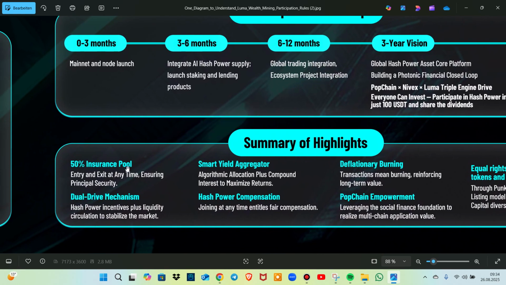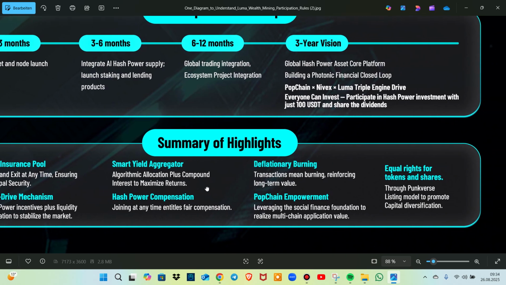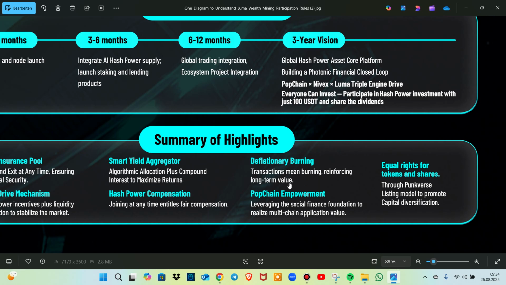And 50% will go into the insurance pool, right? So you can get out of the protocol at any time, right? And you will get 50% back immediately, right? If you are above 30% of your earnings, then you will not be able to trigger the insurance pool, right? And we have a deflationary token.